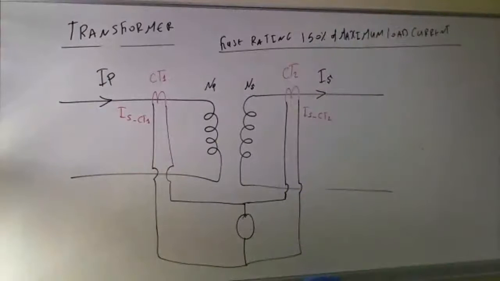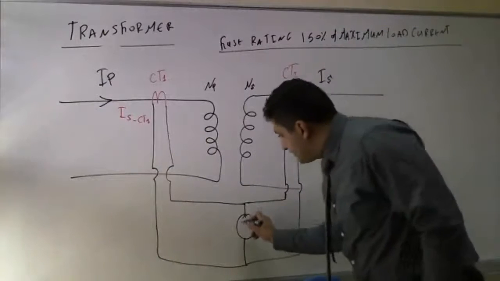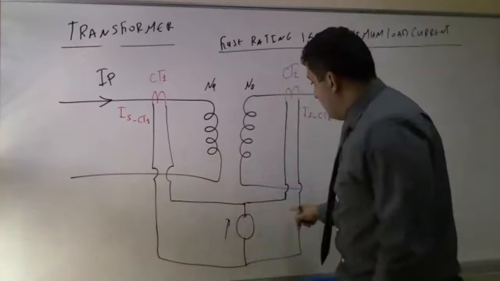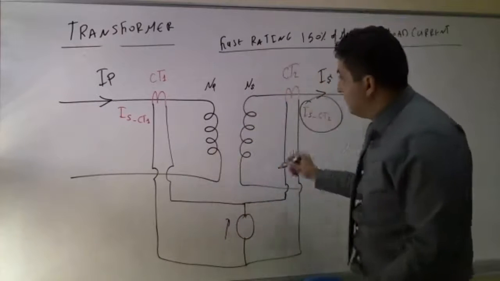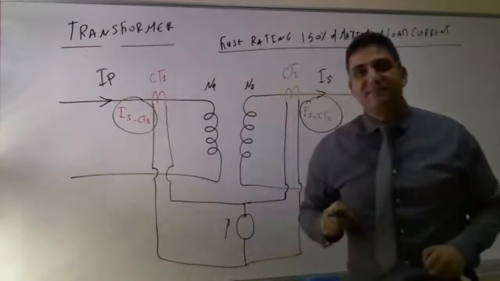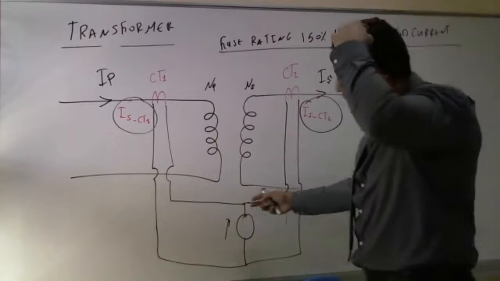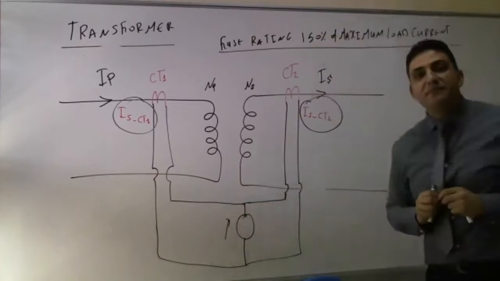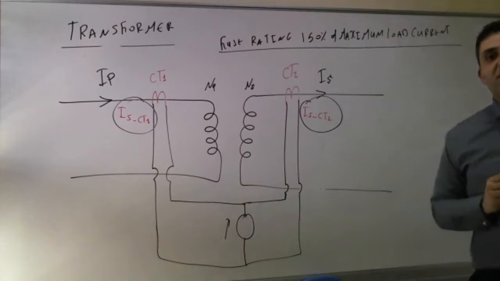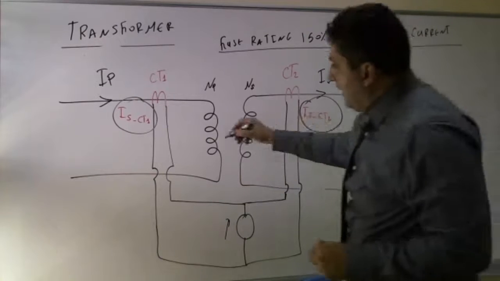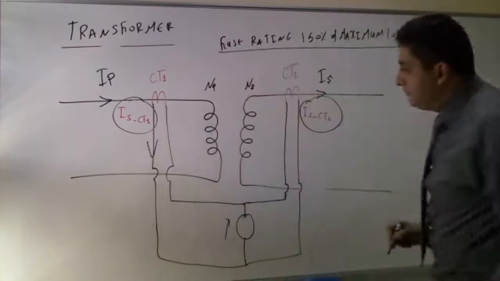As you can see, what will happen here? In this relay, I differentiate between this current and this current. That's what I do. I take I1 and I2 and put the differentiation between these different currents, because of the way I connect the system.